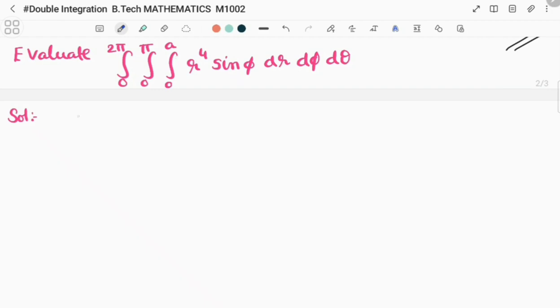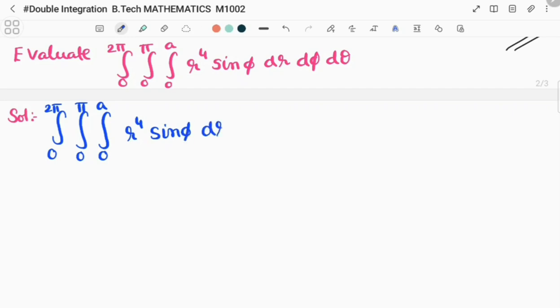So while writing the integration, integral 0 to 2 pi, integral 0 to pi, and integral 0 to a, as it is, first you write it, I will tell the difference. r power 4 sin phi dr d phi and d theta. So here what I am doing is, the first two integrals contain angles, no?